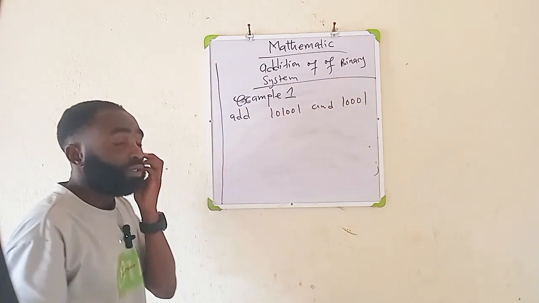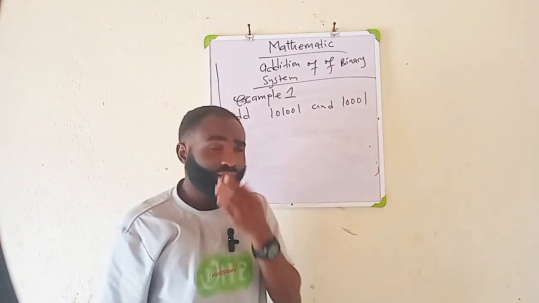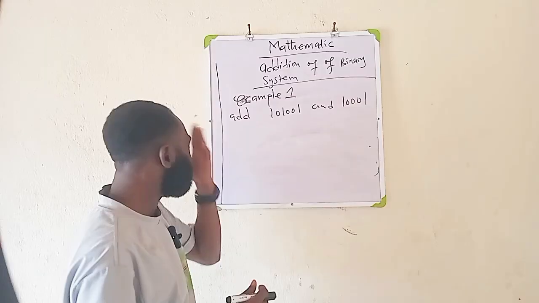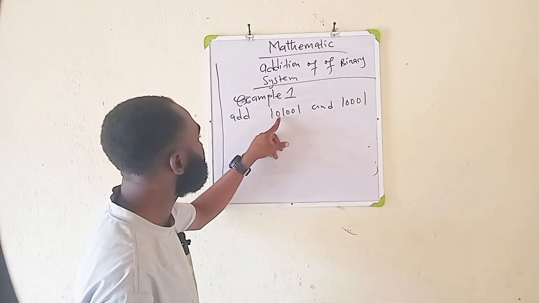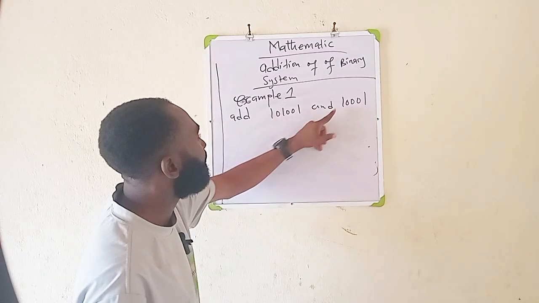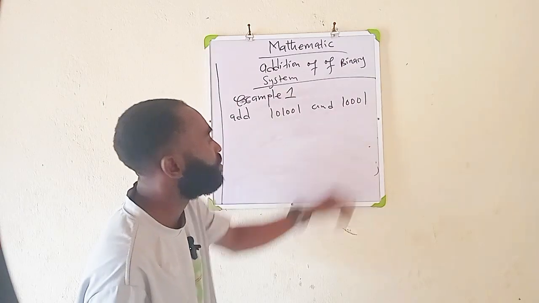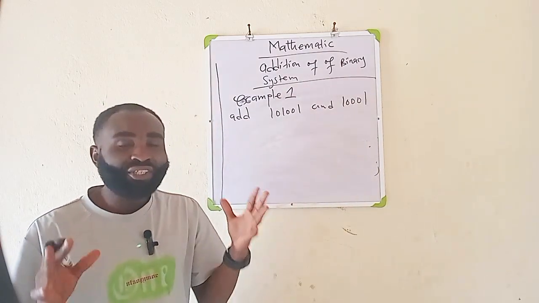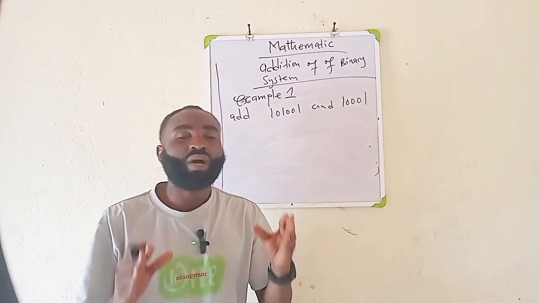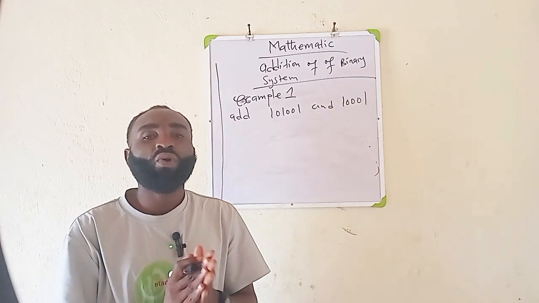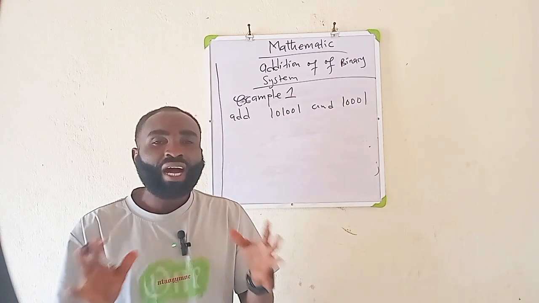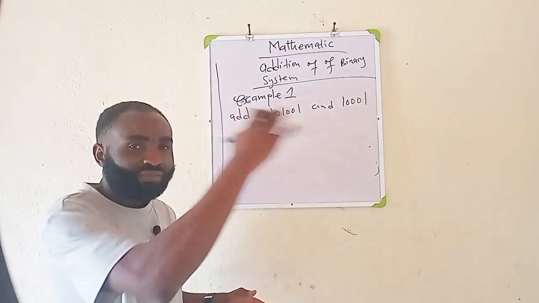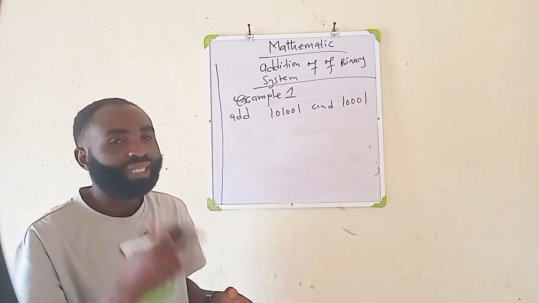Now, the question says we should add 011001 and 100001. When you have this kind of question, the arrangement is very important. You need to arrange everything column by column. You don't have to jump it. You start from the right to the left.